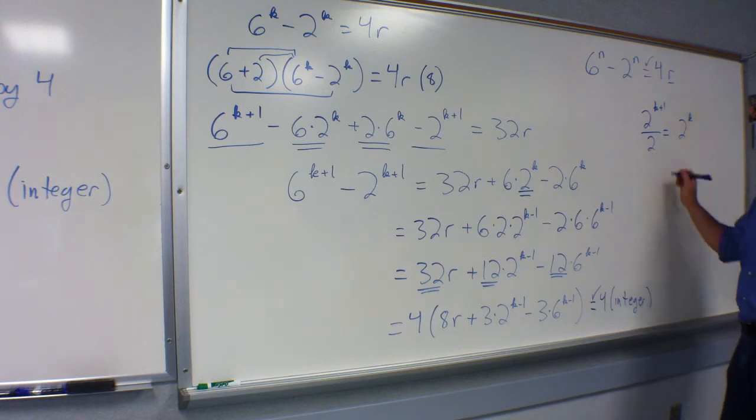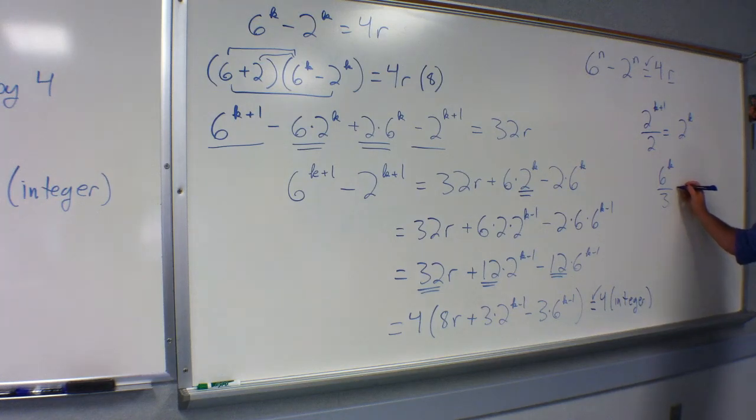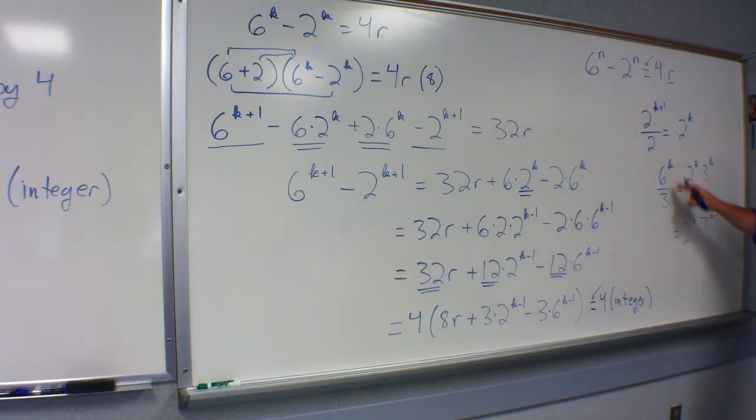So some of them are a little trickier. If you got 6 to the k over 3, well, that's 2 to the k times 3 to the k, right? So that is 2 to the k times 3 to the k minus 1. So sometimes you could wind up with a fraction and you don't know that it actually will always be a whole number. You could get creative and trip over something like this tonight.